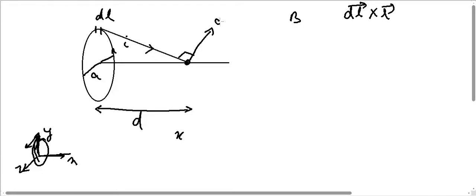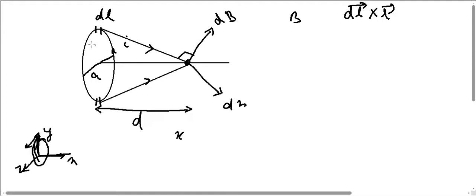Okay, so this is the small magnetic field dB because of this. Similarly, if I take another wire at an opposite end, and again draw an r here, my net dB because of this element will be like this.